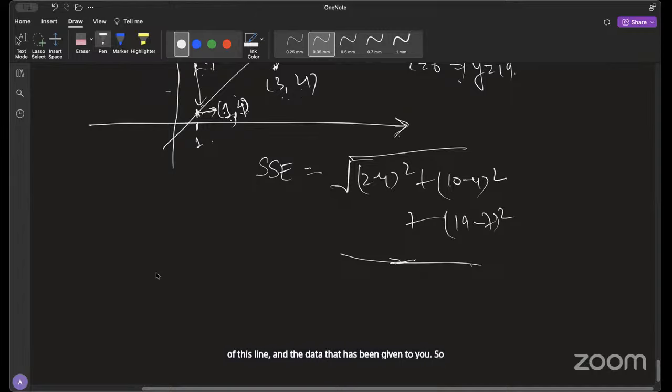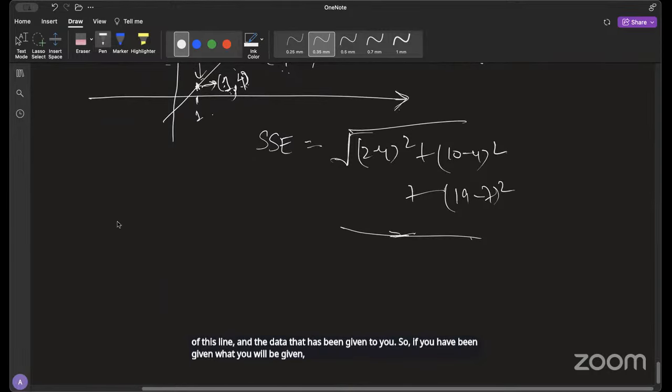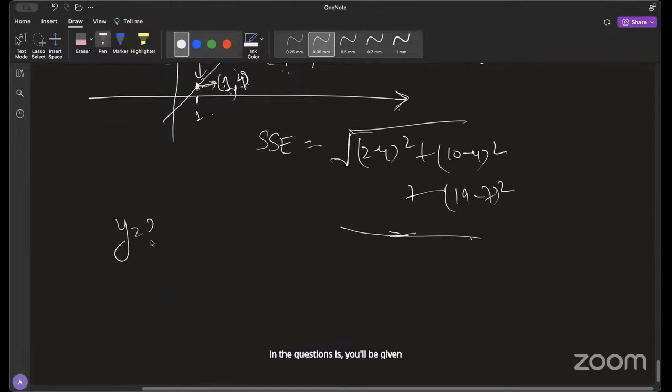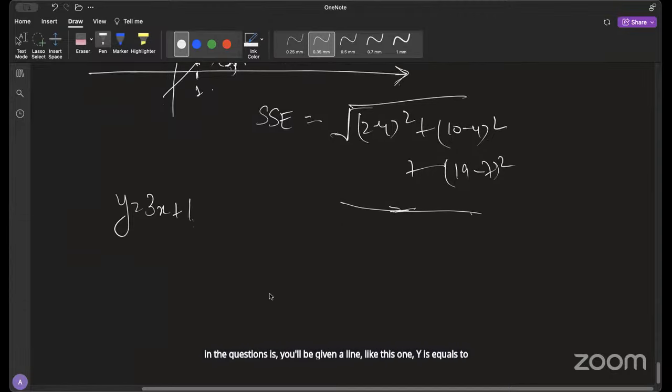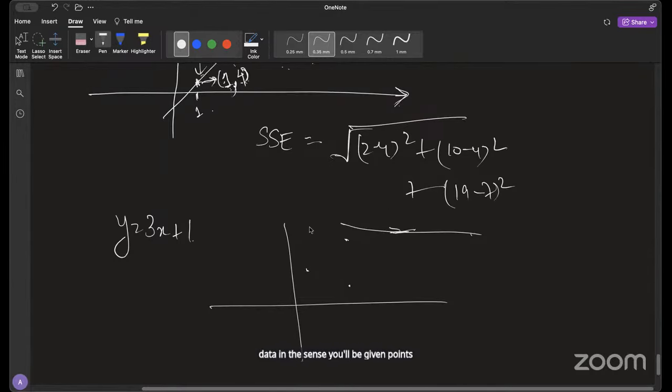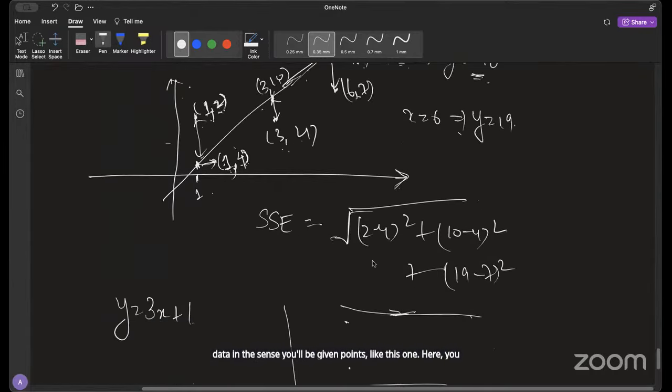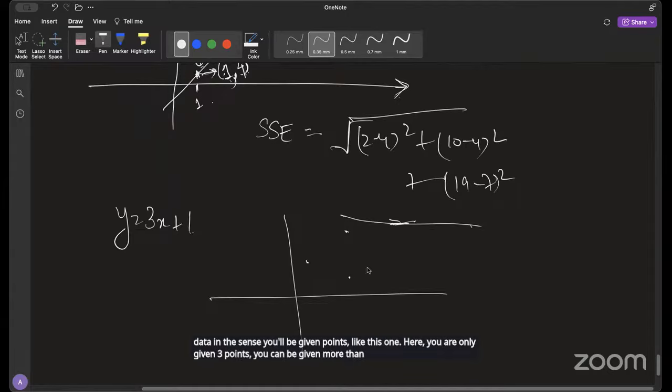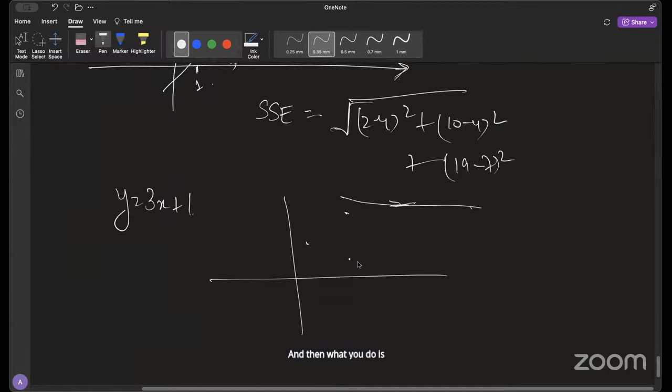In the questions, you will be given a line like this one, y equals 3x plus 1, and then you will be given data. Data in the sense you will be given points like this one. Here you are only given 3 points, but you can be given more than 3 points. Let's just say you have (x1, y1) up to (x4, y4).